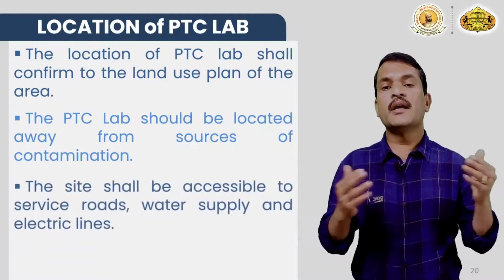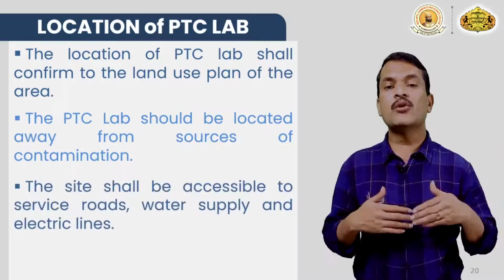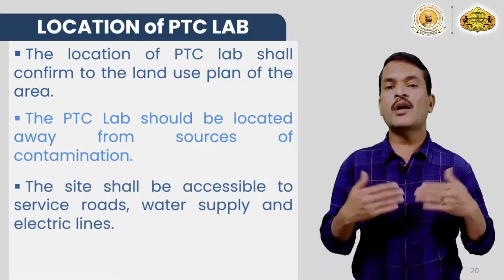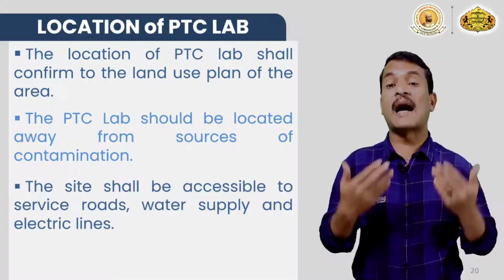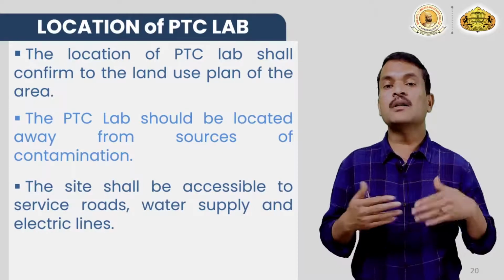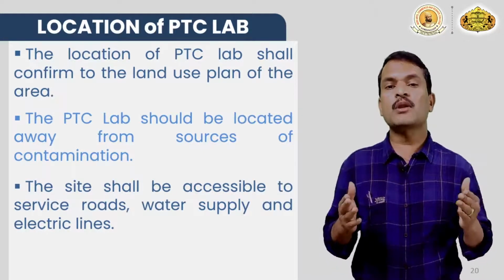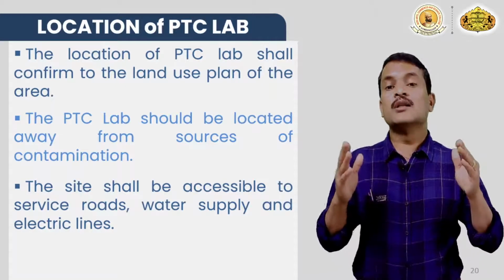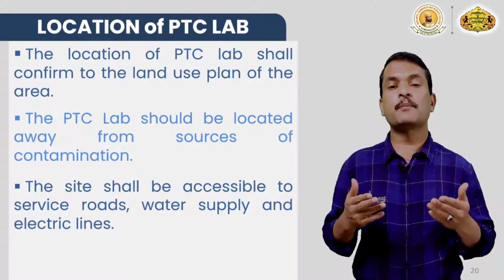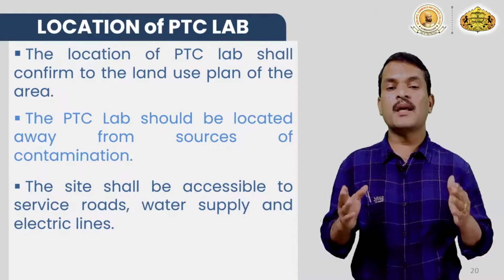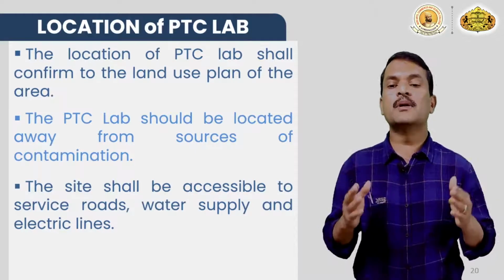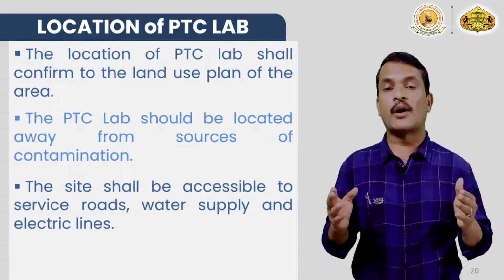If any kind of contamination enters your laboratory, it will destroy your lab or your plants which are growing. And if the contaminants grow, your plants will not grow. So you need to remember that. While setting up your laboratory, the place must be well chosen, away from sources of contamination.